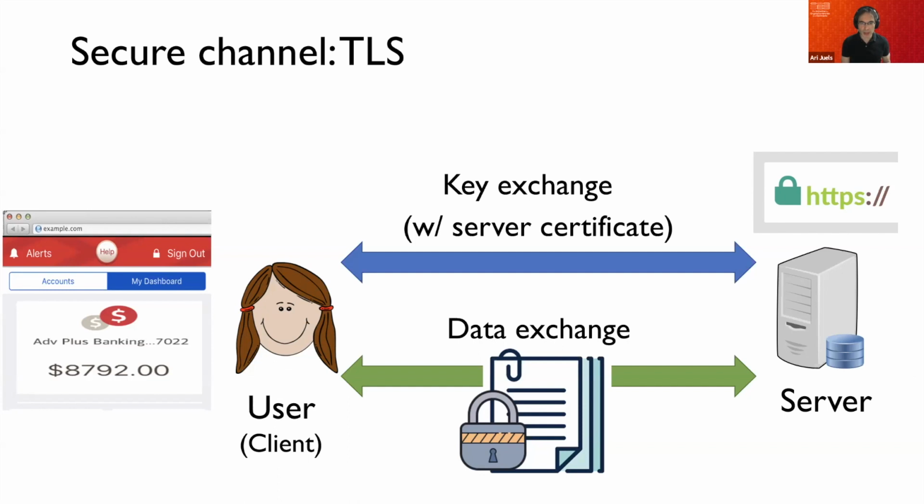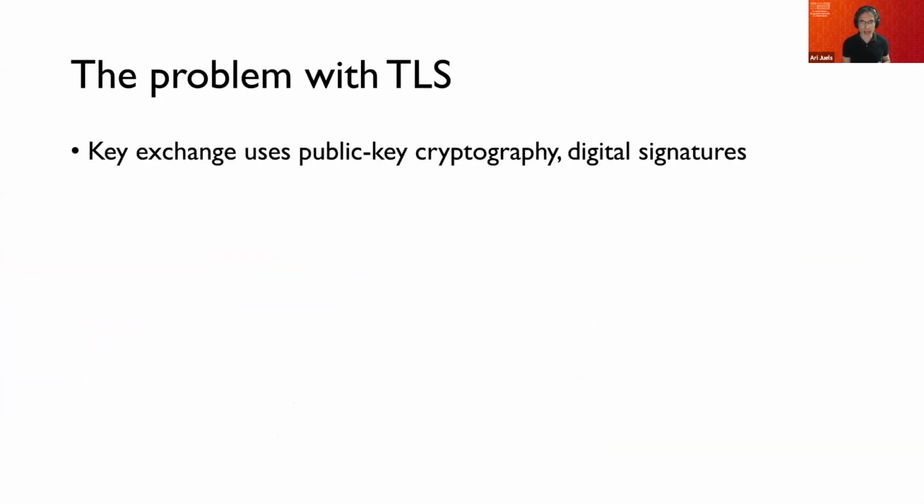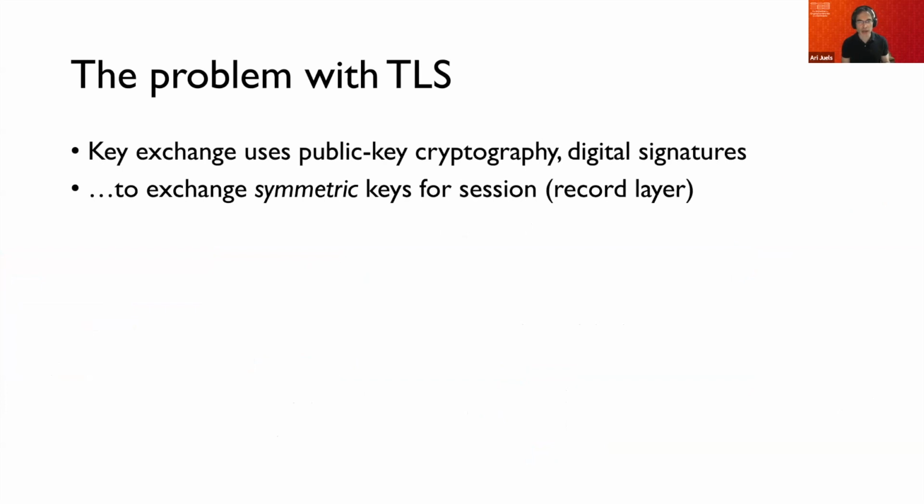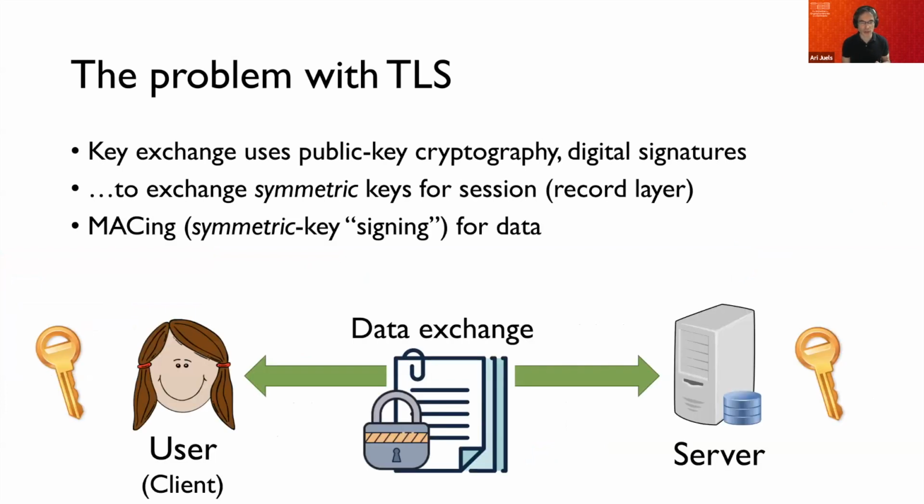The problem is that although the key exchange in TLS makes use of public key cryptography, the exchange of data in the record layer makes use of symmetric key cryptography. In other words, Alice and the bank actually share the keys that are used to secure the data. For example, to ensure integrity, the data may be MAC'd. Right?